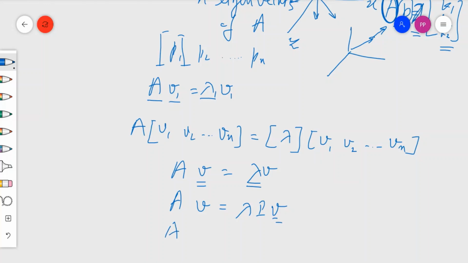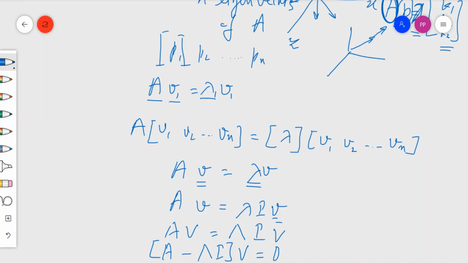So I can write A capital V equals capital lambda I. Capital lambda is written like this. This is a diagonal matrix. I is a diagonal matrix. Then capital V is again a matrix. So in that case, we can take V in common. So I can write A minus capital lambda I into V equal to 0.